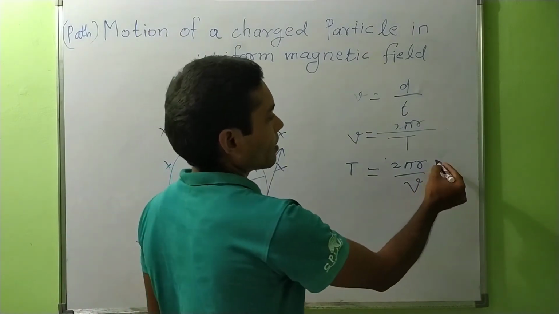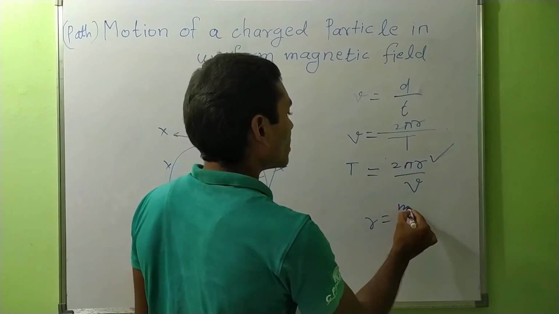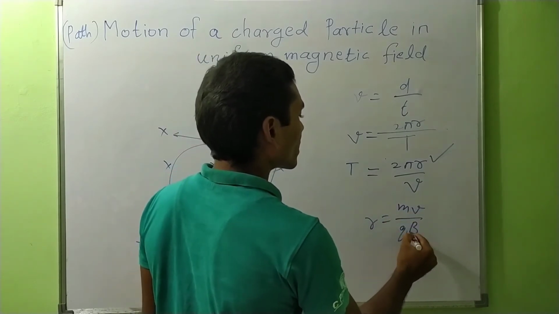We know that the value of this radius r equals mv upon qB.